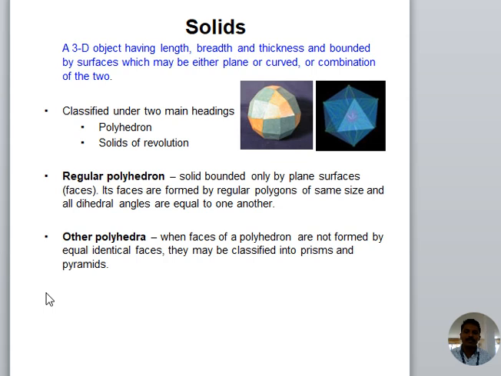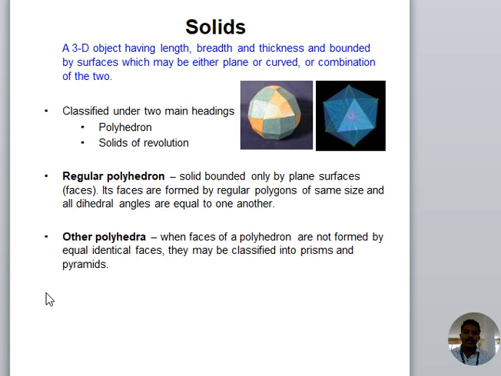A right solid is a three-dimensional object whose axis is perpendicular to its base, and an oblique solid is one whose axis is inclined to the base. Here the right solid is again classified into two types.